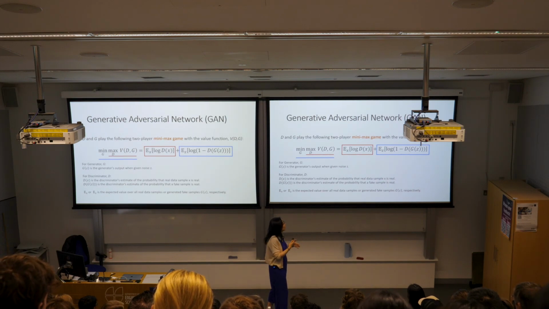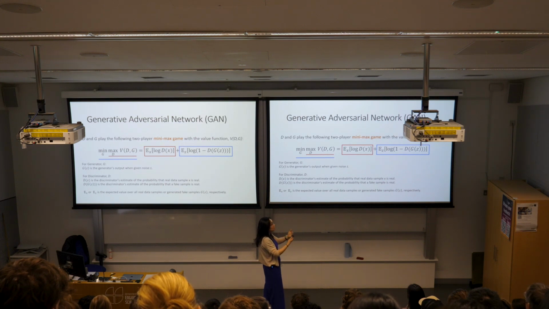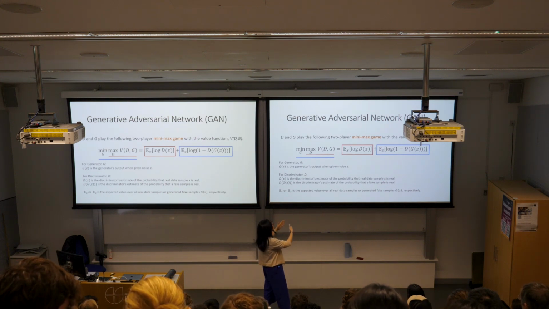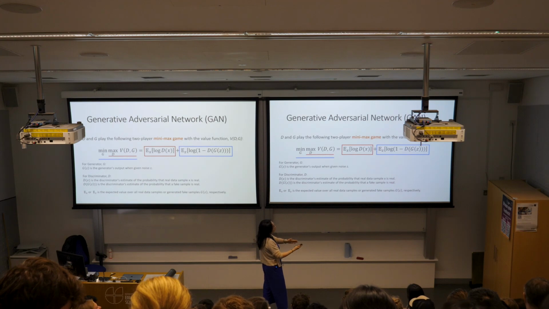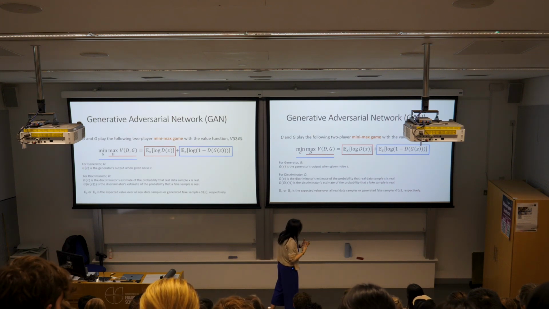What we can do is train the generator as well as possible, in this case minimizing 1 minus the discriminator's probability, or capability, to estimate the difference. So that's why it's a min-max game.